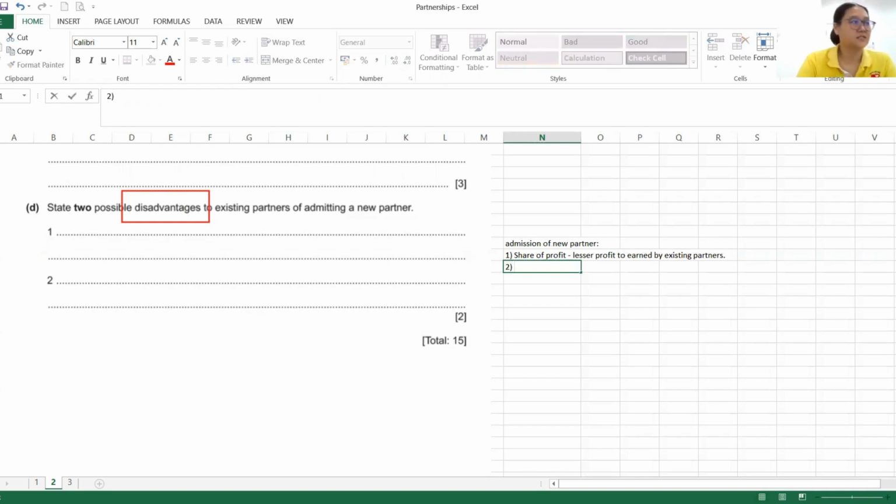Second disadvantage, what else could it be? If we have more people in the partnership where all can make decisions, we take longer to make the final decision. So longer decision making. What is the problem when you have longer decision making?